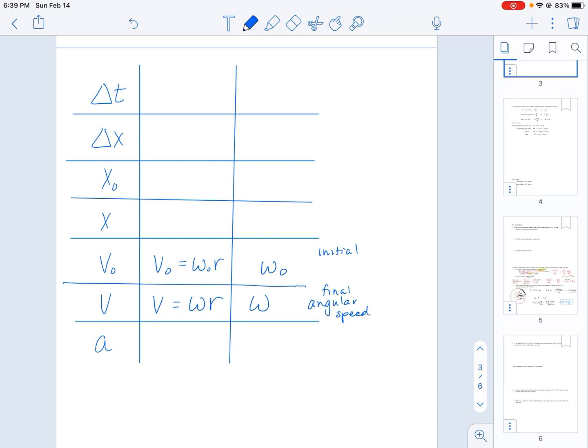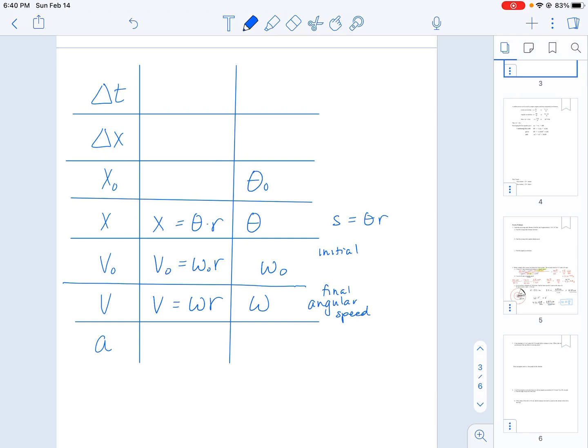Okay. How about position? Now, in a circular situation, we're going to be measuring position in terms of angle. And again, we've got this relationship where the linear quantity is going to equal the angular quantity times a radius. In the notes, I wrote it like this initially. This is what you'll see in a math class, that arc length equals angle times radius.